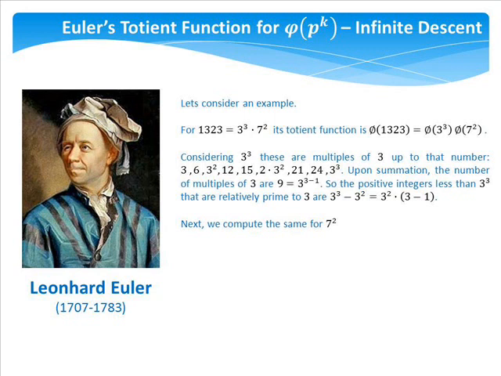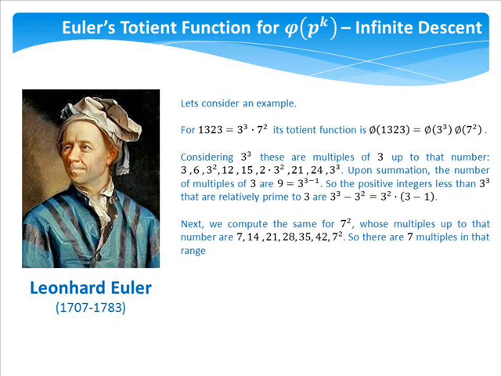Next, we compute the same for 7 squared, whose multiples up to that number are 7, 14, 21, 28, 35, 42, and 49. So there are 7 multiples in that range. Thus, the numbers relatively prime to 7 number 7 squared minus 7, which is equal to 7 times 7 minus 1.